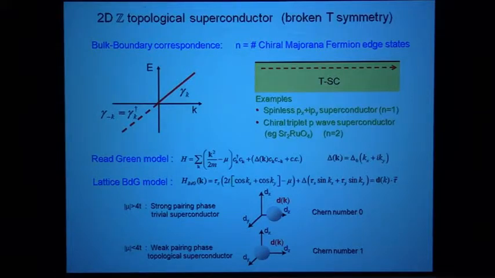And then I have a pairing term, and what I want is to open up a gap everywhere on the Fermi surface, but since it's spinless electrons, it has to be p wave, and so what I'm forced to do is to have a delta which is like p plus ip. Okay, so the phase of this superconducting term sort of advances when I go around the Fermi circle.